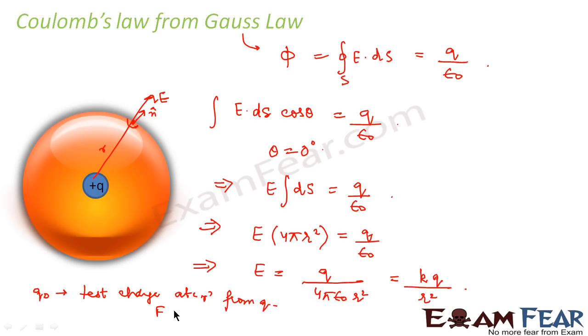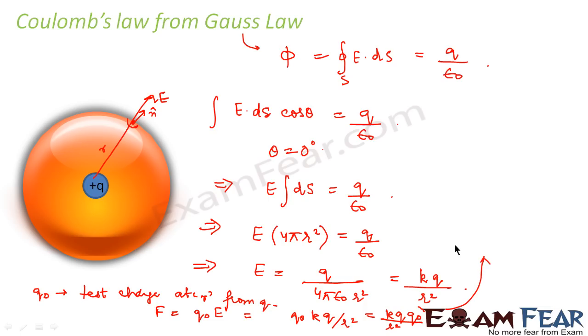So what will be the force experienced by this Q naught, or the force of interaction? That will be equal to Q naught into the electric field E. Substituting the value of E, this is equal to K Q Q naught divided by r square. So that is Coulomb's law.